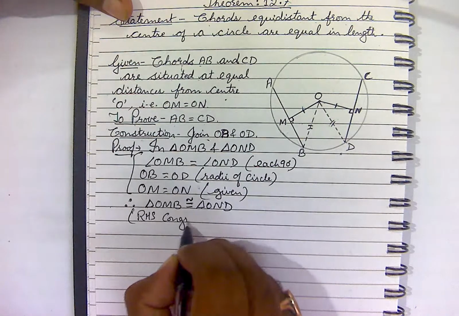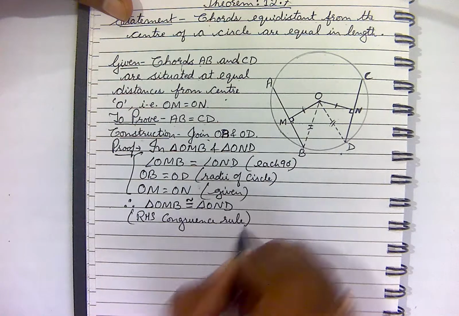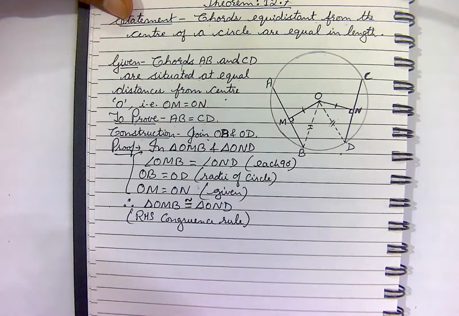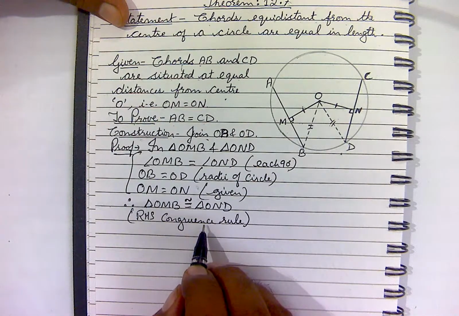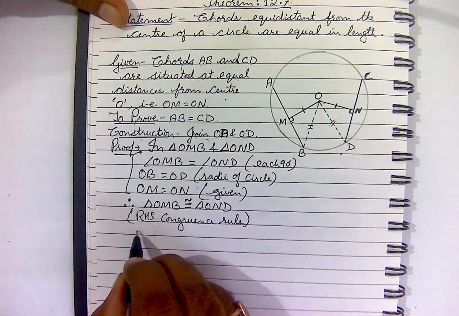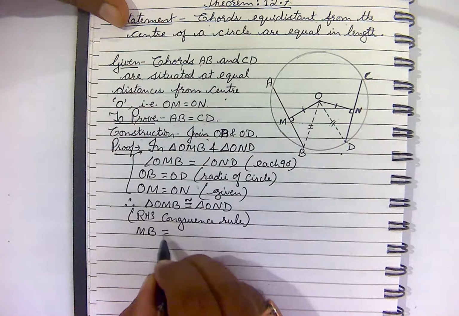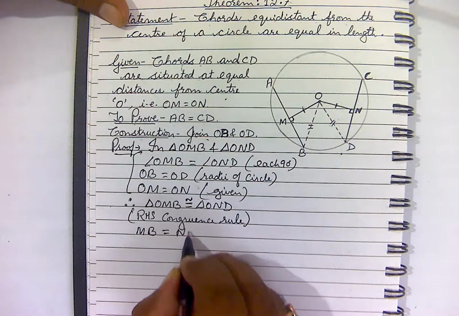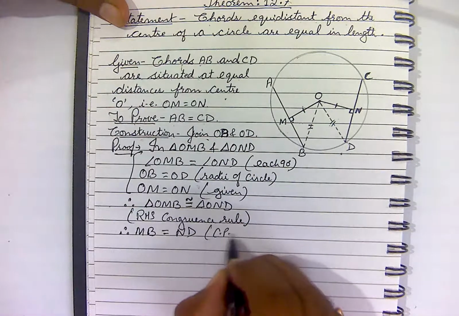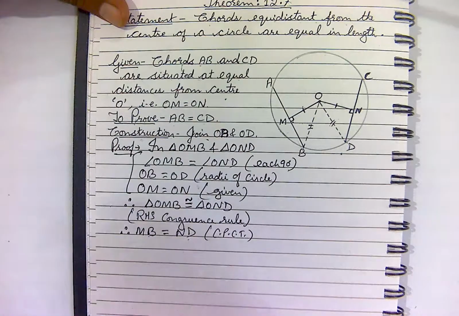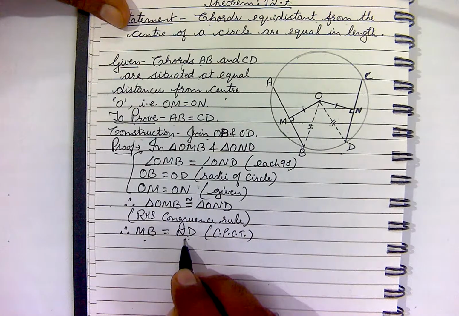RHS congruence rule. Now because these triangles are congruent, their corresponding parts will be equal. Corresponding parts in the sense MB is equal to ND by CPCT.